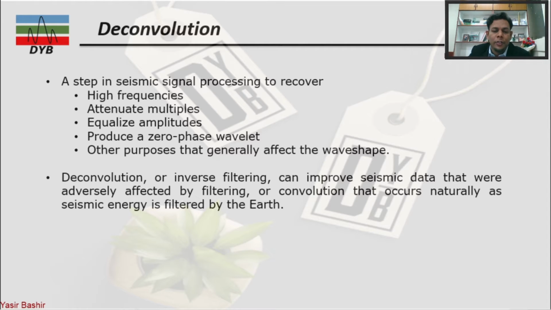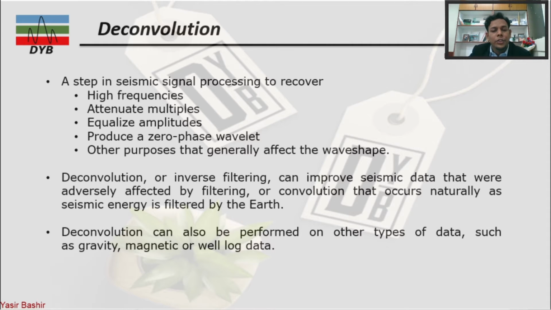Let's say a wave propagates through a subsurface material, then obviously some of the frequencies will be filtered out. Say some high frequencies are filtered out, then only the low frequencies left will be transmitted. So the purpose of deconvolution is to improve those high frequencies which were actually sent to the subsurface.